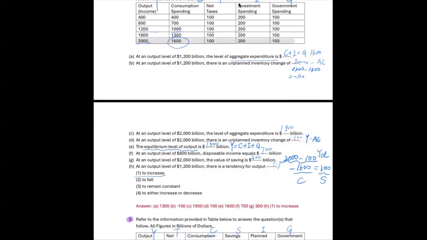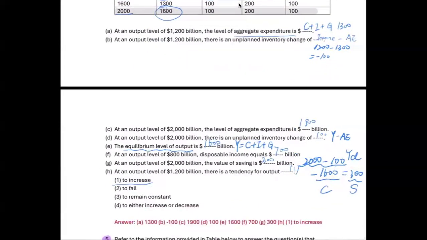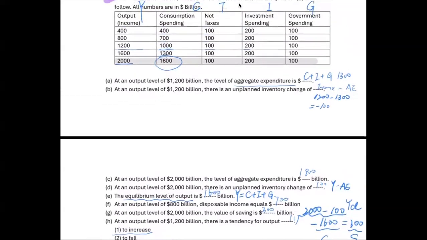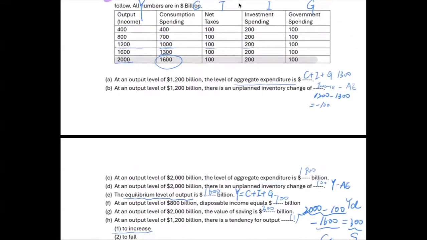Okay. And for E, what's the equilibrium level of output? Remember, what does the equilibrium output mean? It means that Y equals AE, when Y equals C and I and G. There's nothing special. You just need to try different rows and see which row satisfies this equation.